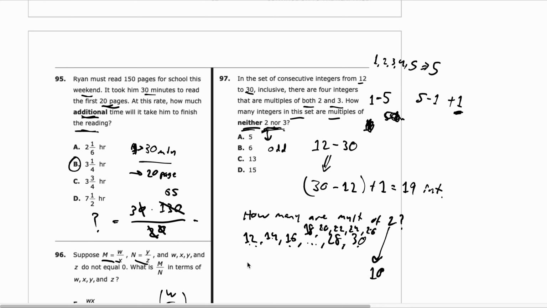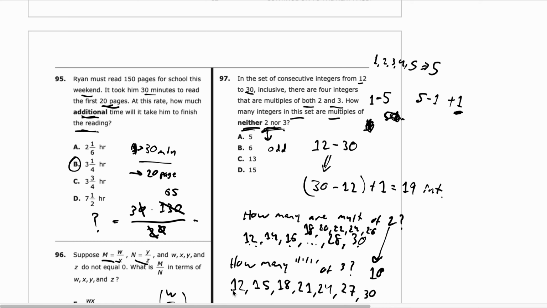Now we want to look at how many are multiples of 3. So 12 would be, 15 would be, 18 would be, 21 would be, 24 would be, 27 would be, 30 would be.